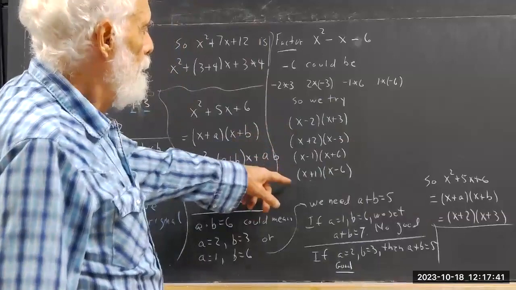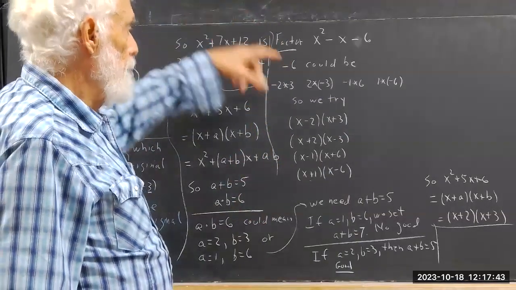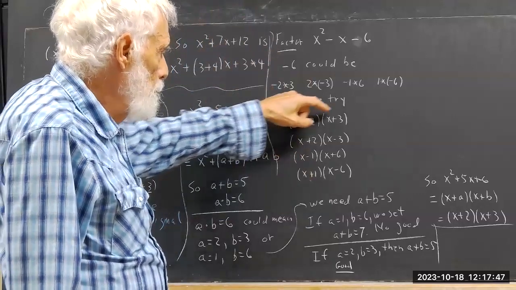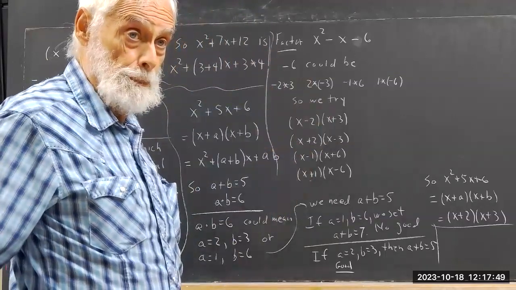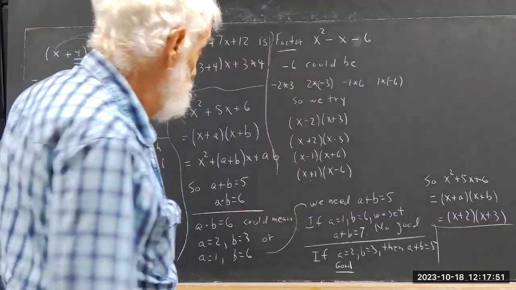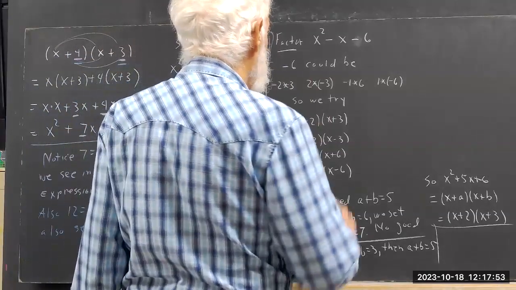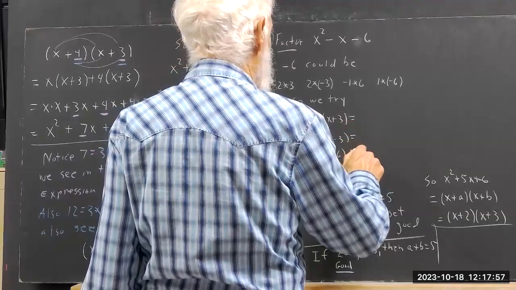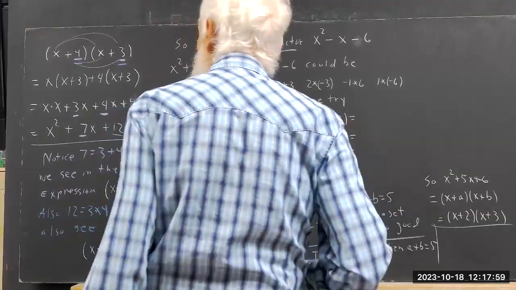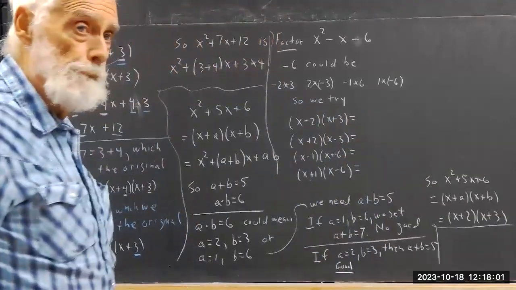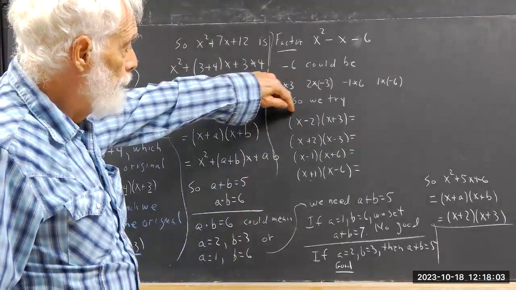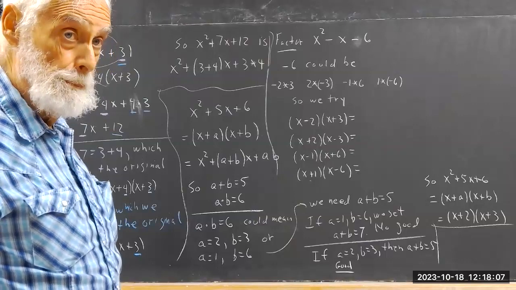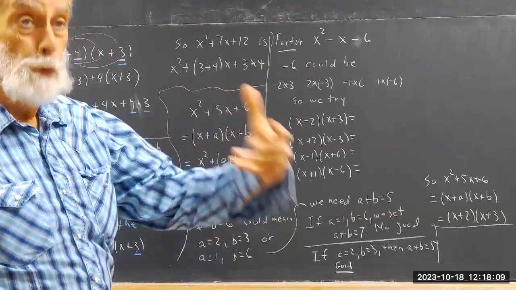So I'm listing 4 ways this could work out, depending on which pair of numbers we choose. Okay, well, if I multiply this one out, first one, and we're going to have to just go through this.